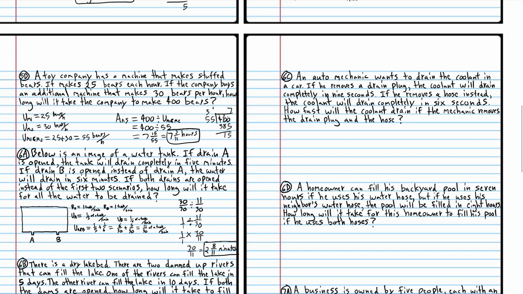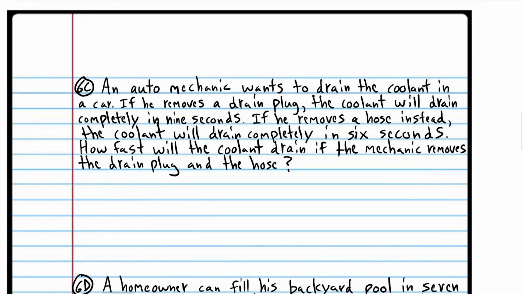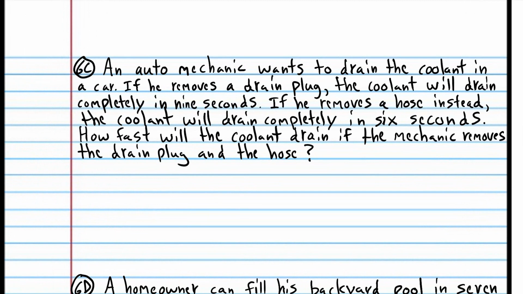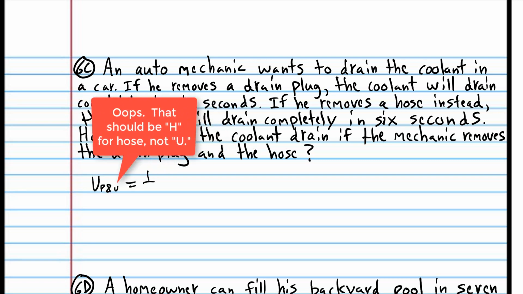All right, we're back. So I'm going to do this problem quickly. So the unit rate for the drain plug and the hose is going to be 1/9 plus 1/6.